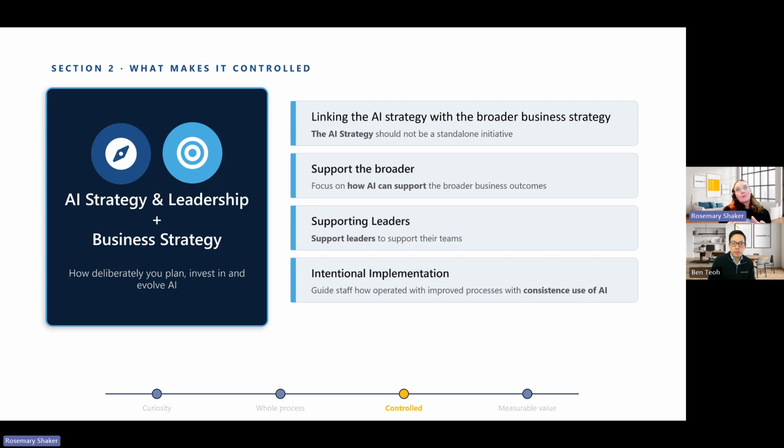What you actually want to shift, particularly now as we move from personal productivity to broader transformation across organizations, is looking at the broader business strategy and how AI can support the goals within it. So, for example, one of your business outcomes might be we need to run more community engagement.